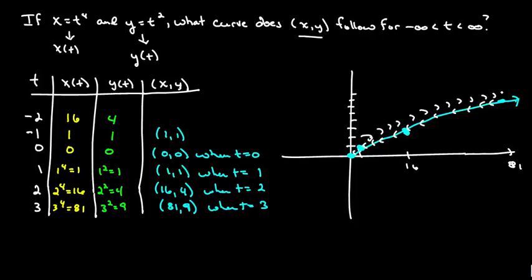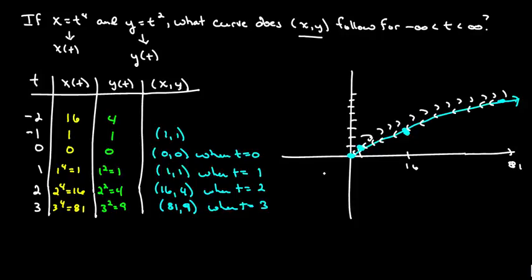So we have movement this way when t is negative, it hits 0, and then when t is positive, we have movement back out along this line. So we really go in both directions along this line. We slide in, and then we slide back out. And that's our path traveled.